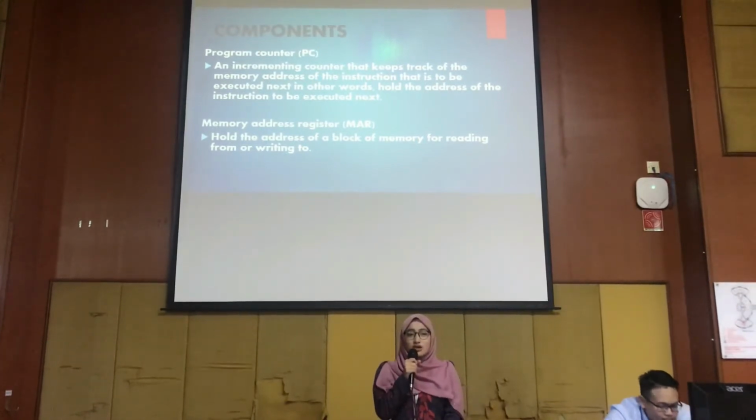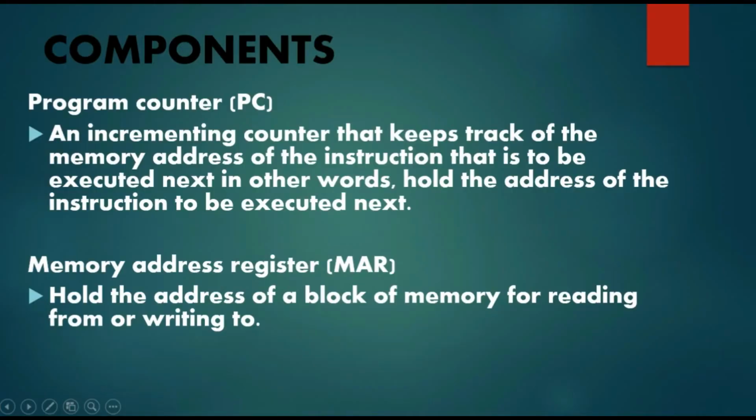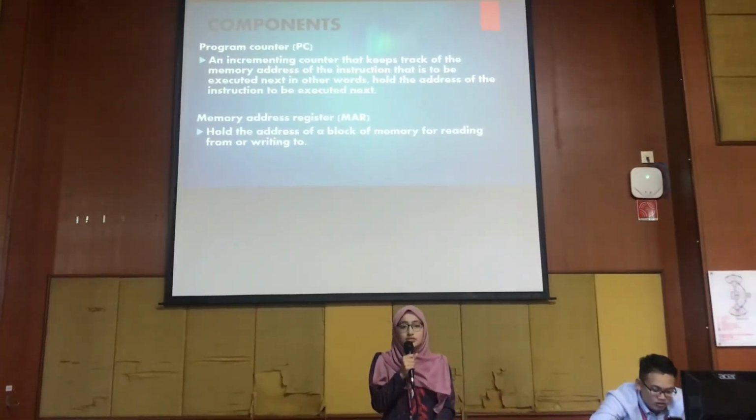We have 7 components. First, program counter (PC), an incrementing counter that keeps track of the memory address of the instruction that is to be executed next. In other words, it holds the address of the instruction to be executed next. Memory address register (MAR) holds the address of a block of memory for reading from or writing to.